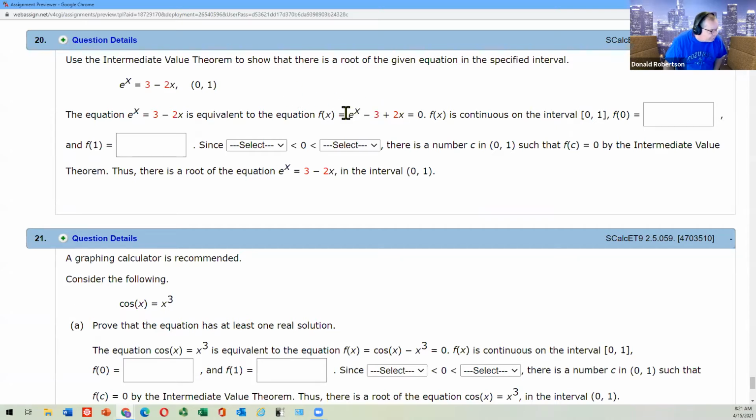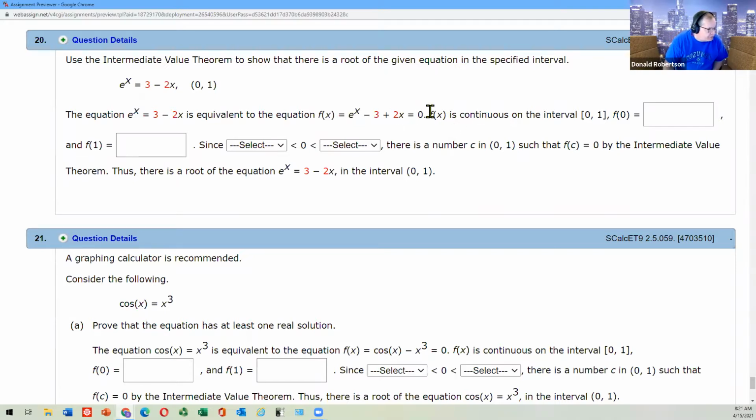So what you're trying to prove here is that if this is true, then isn't another way of saying it that that's true? So how do we go about proving that this function, this f of x that we're using here, actually has a solution?